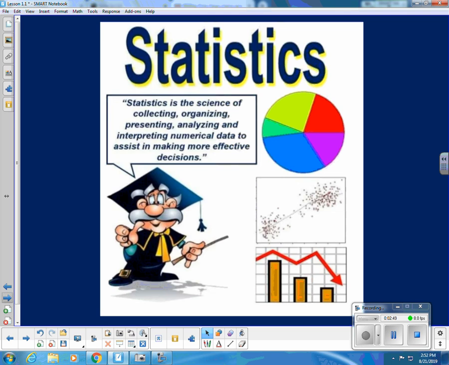Statistics is everywhere. They look at statistics to determine how big of a school they should build. They look at statistics to figure out how we should grade you guys. In every one of our teacher meetings, all we hear is, it's data driven, it's data driven. You've got to look at what's happened and then figure out where we should go from here. Okay, so statistics is everywhere.